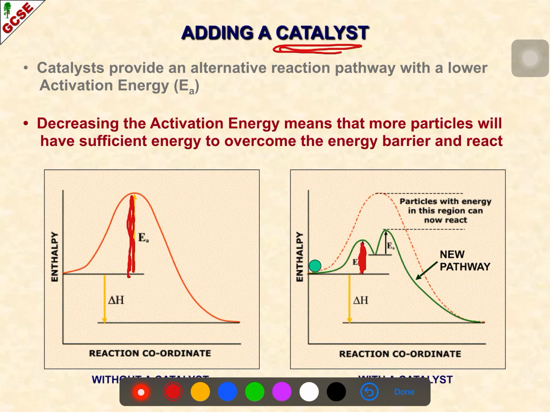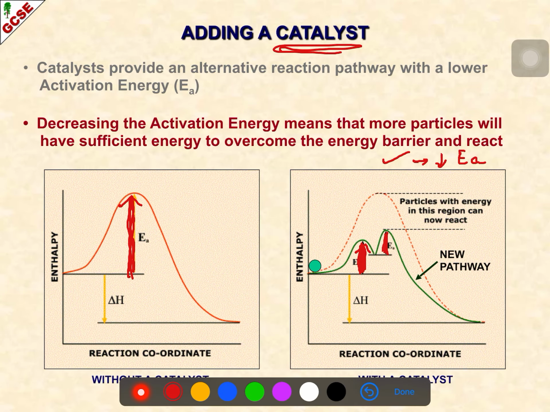All right? So which one has a lower activation energy? The one without a catalyst or the one with a catalyst? So this one. They have a lower activation energy.